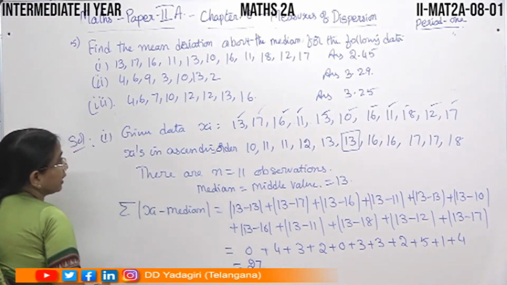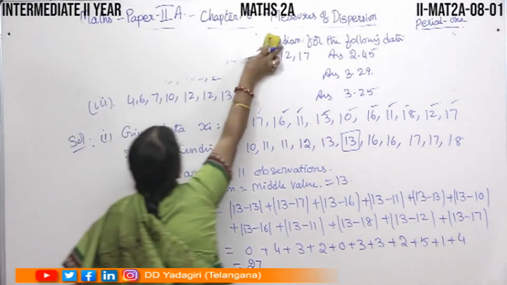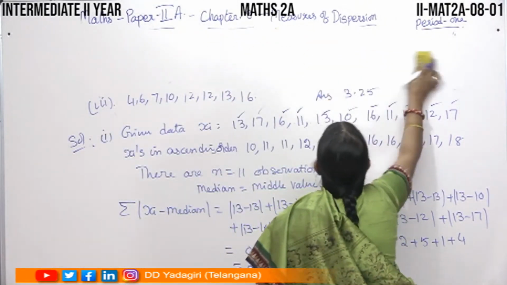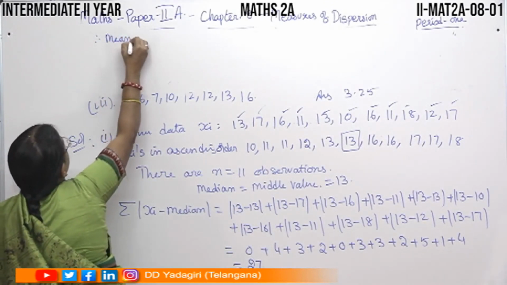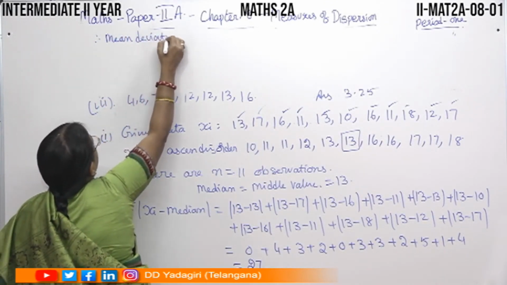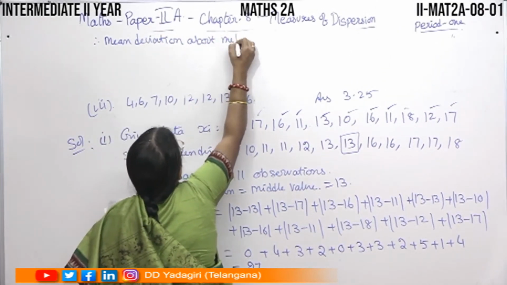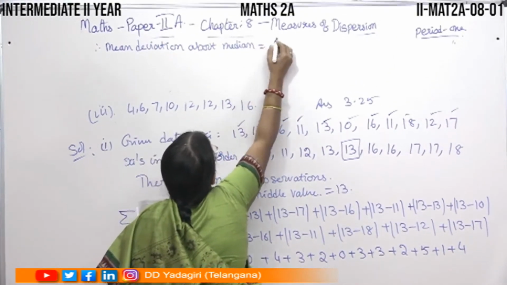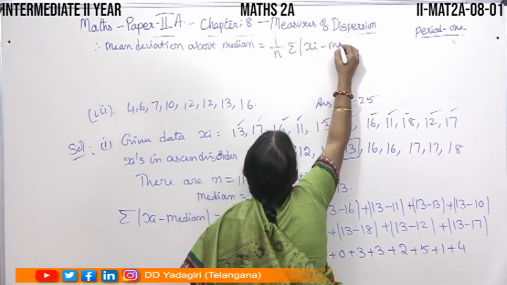Now we'll write, therefore, mean deviation about median is equal to 1 by n into sigma of mod of xi minus median.